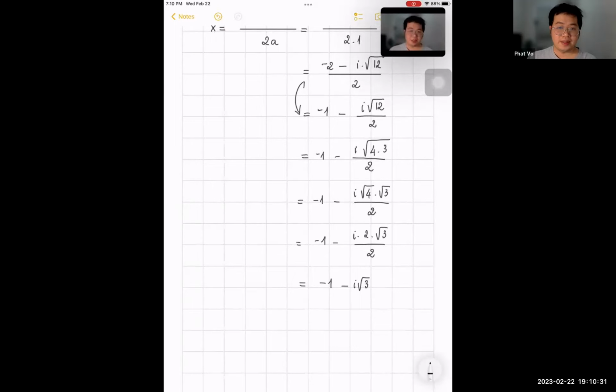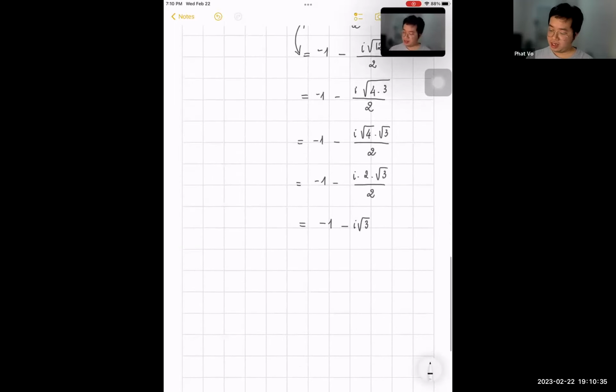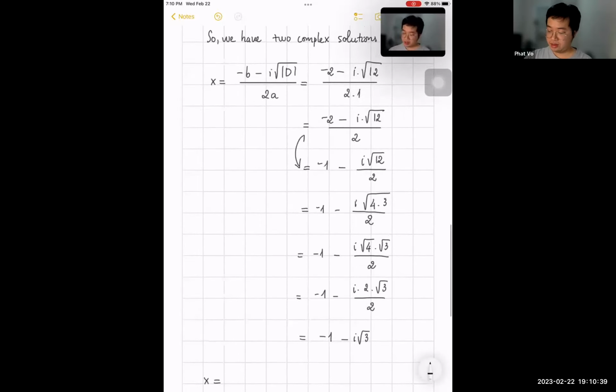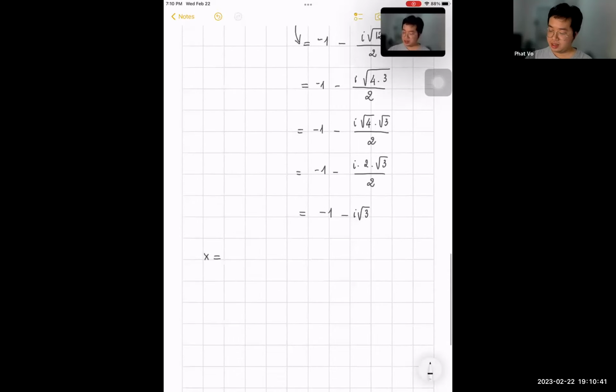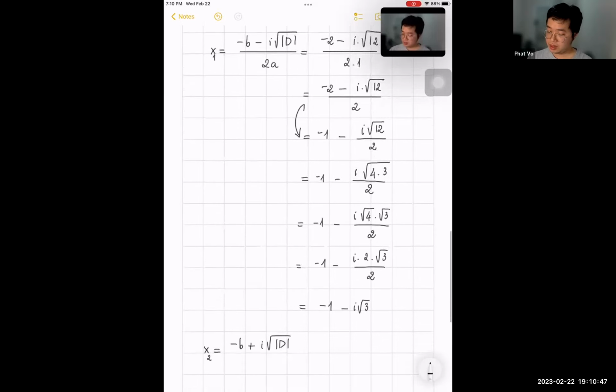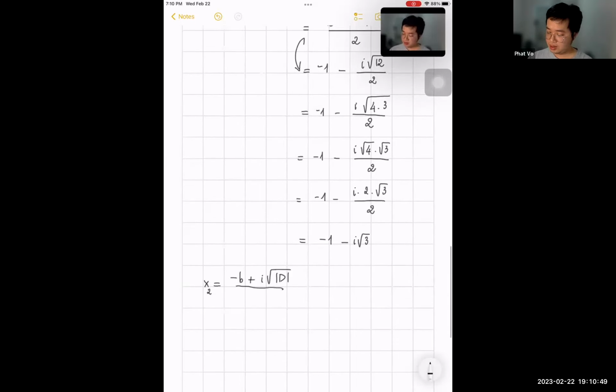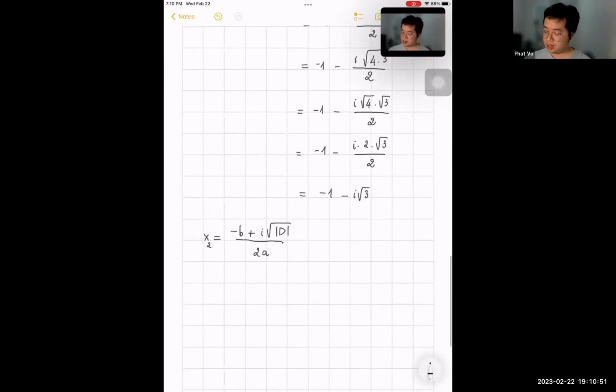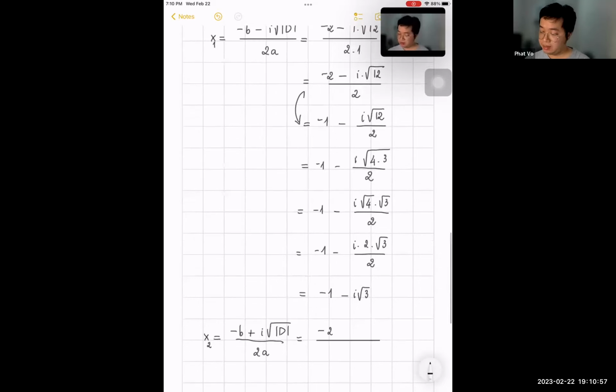Okay. You need to simplify this. And another one here, you can find another one, x1. The second solution is like this, over 2a. So now we replace b by negative 2. Okay, b by 2.